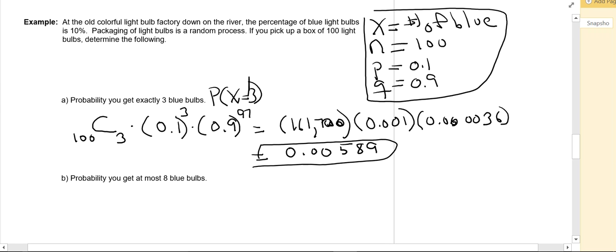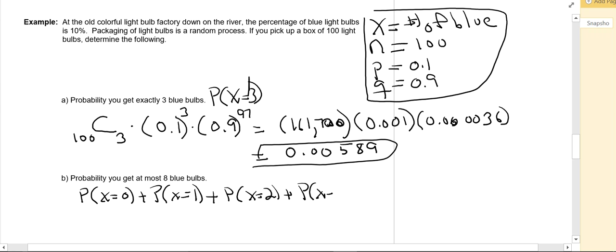Now for the second one, we want the probability at most 8 are blue. Well, at most 8 are blue is no different than getting 0 blue ones, 1 blue one, 2 blue ones, 3 blue ones, all the way up to 8 blue ones.